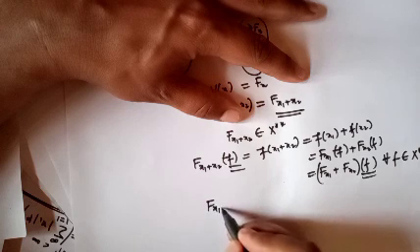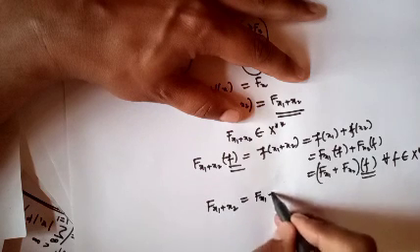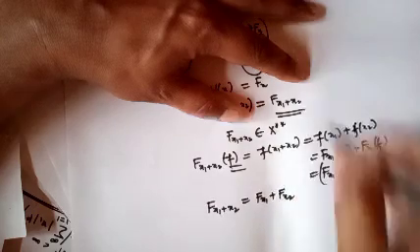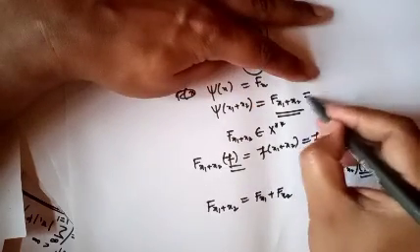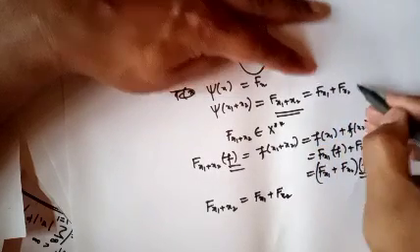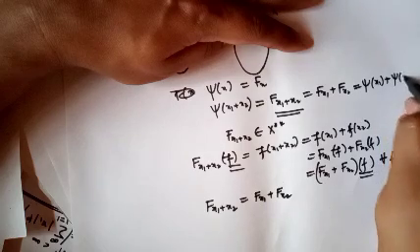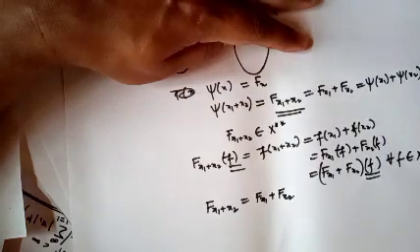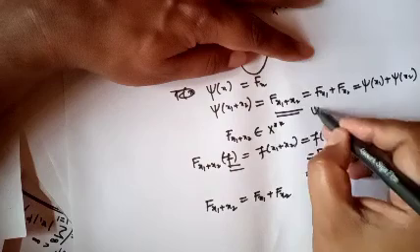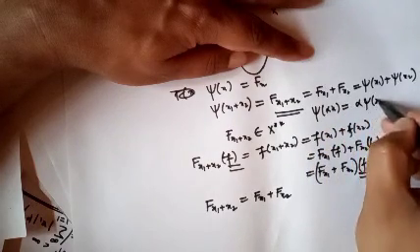Now since this is true for all f belonging to X star, it implies that they are the same as functions, and f sub x1 plus x2 is the same thing as f sub x1 plus f sub x2, which is the same thing as psi of x1 plus psi of x2, right? Similarly, you can show that psi of alpha x is equal to alpha times psi of x.